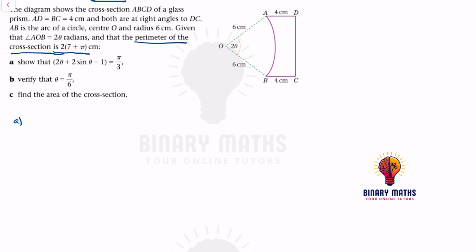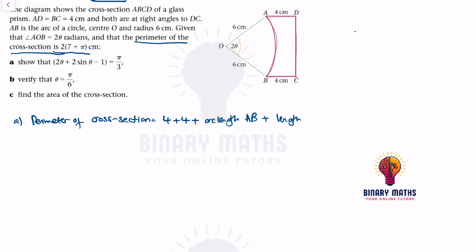Okay, so if I want to work out the perimeter of the cross-section, the perimeter of the cross-section is equal to 4 plus 4 plus 4 plus arc length AB plus length DC.